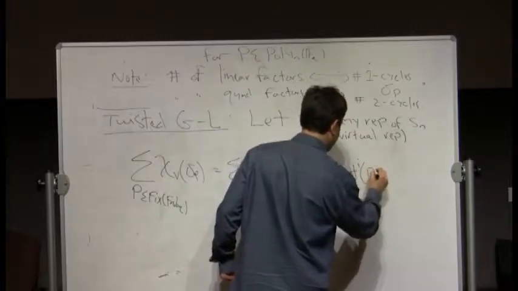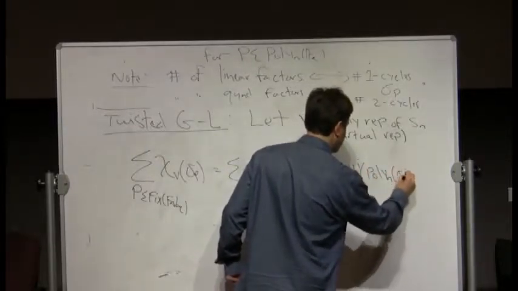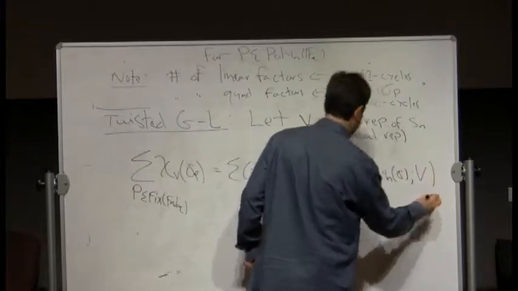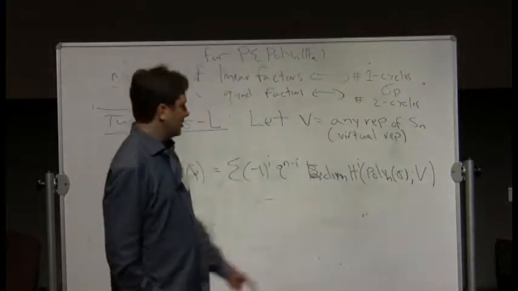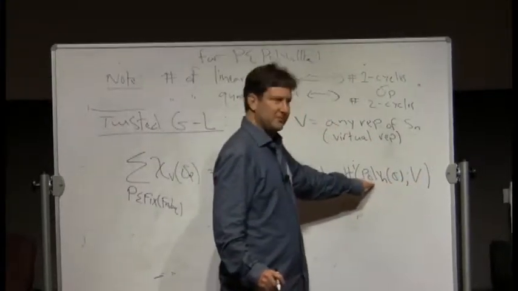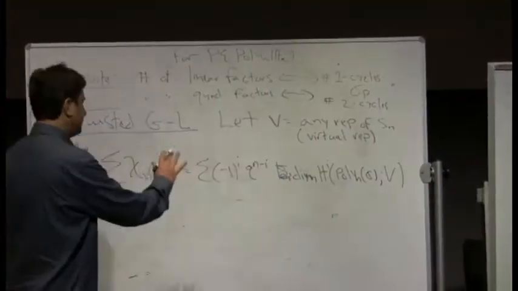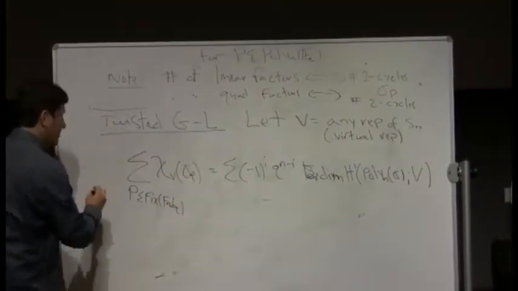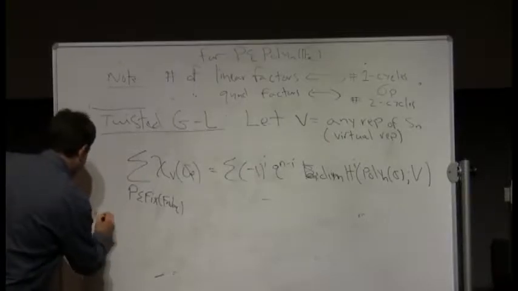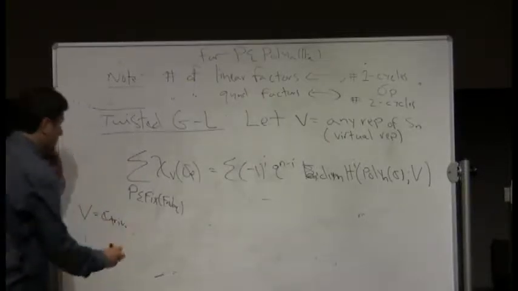It's just like the classical formula, but now with these twisted coefficients. You can always put here a module over this group. That's the formula. So for example, when V is the trivial representation, what are you counting?